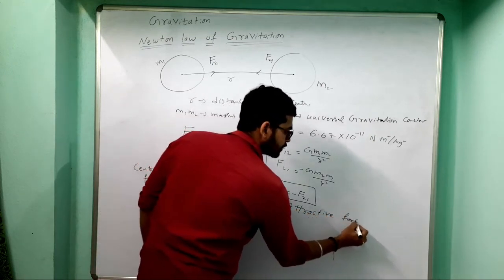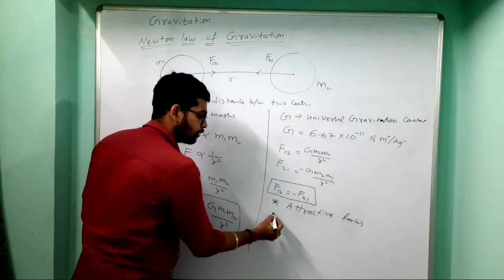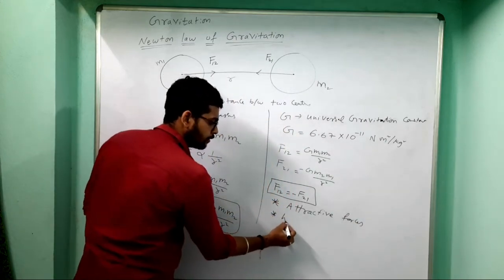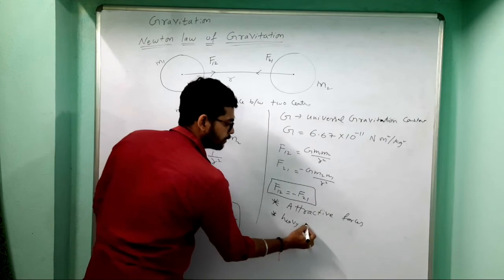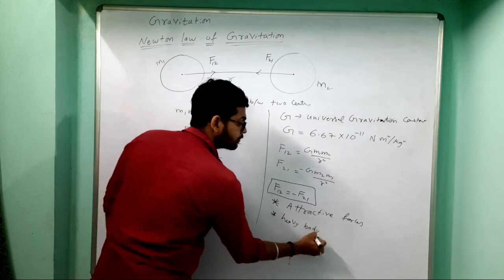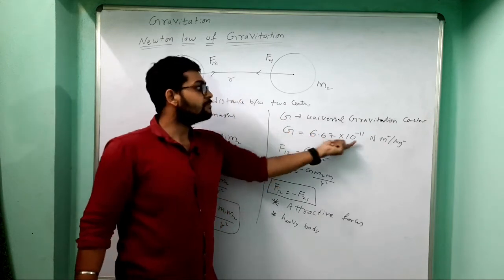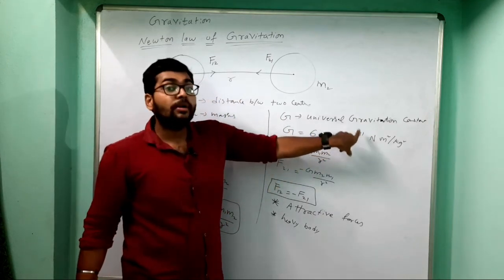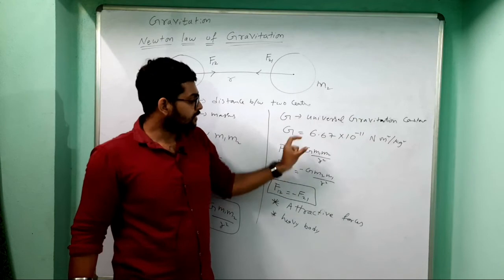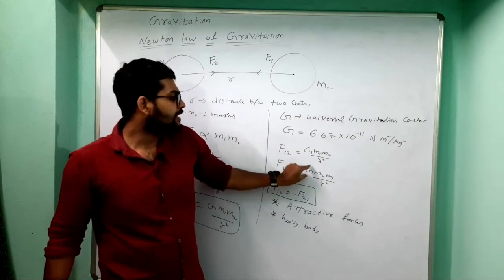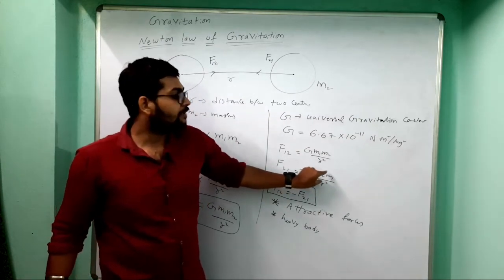This is for huge, heavy bodies, because it is valid for heavy bodies. The value of G is very small, 10 to the power of minus 11, so if I substitute here, I get a very small value multiplied with some value.